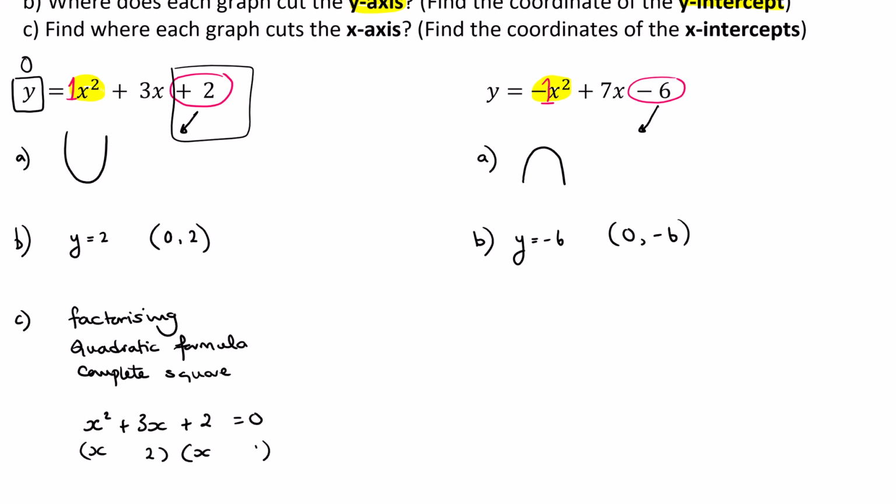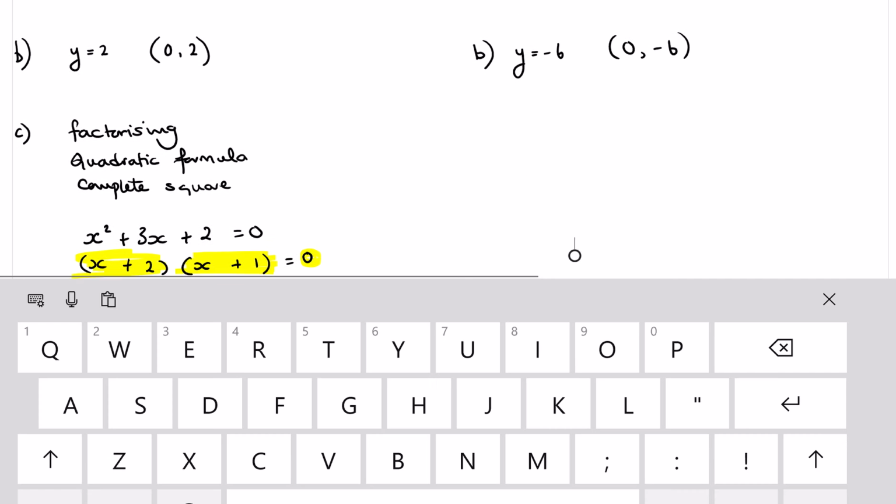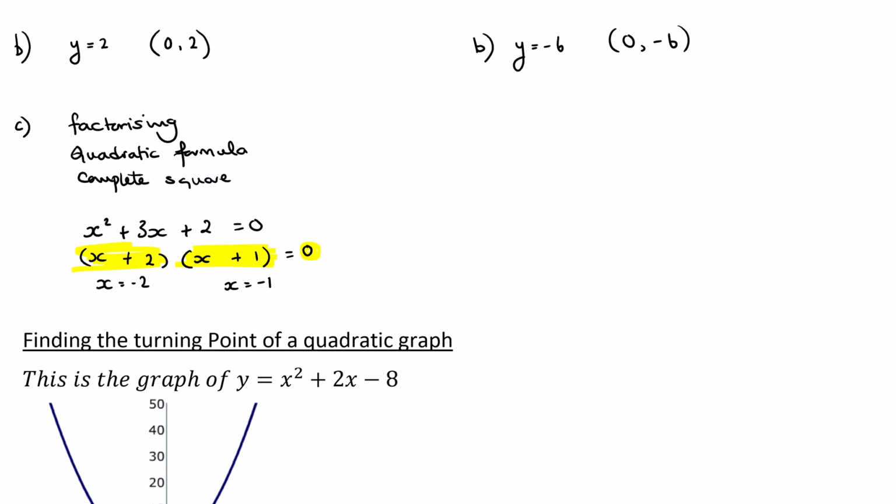There's only 2 and 1. I've got pluses, so it is a plus and a plus. Remember, each of those brackets could equal 0. So for that bracket to equal 0, x has to equal -1. Or if that bracket equals 0, then x has to equal -2. So if I'm going to write them as coordinates, I'm going to put the following: -2, 0 and -1, 0.